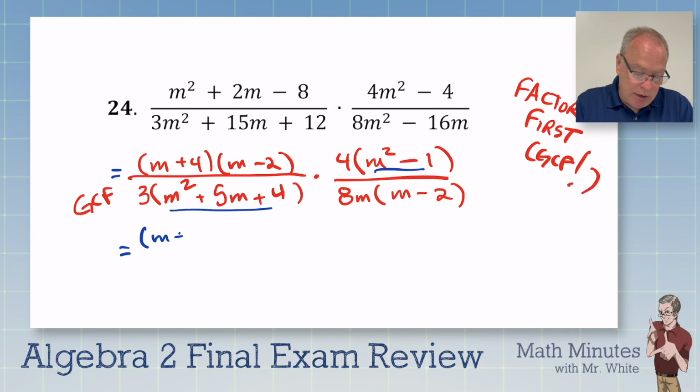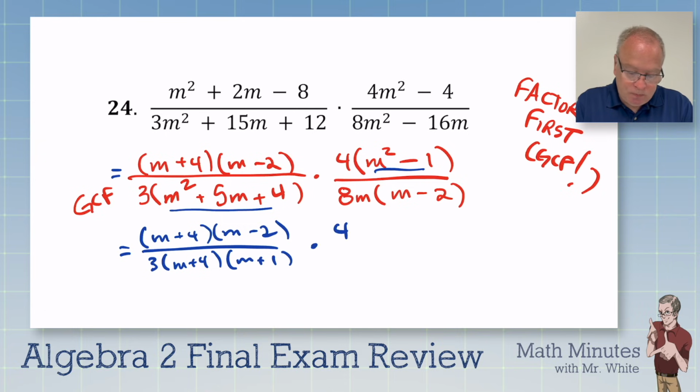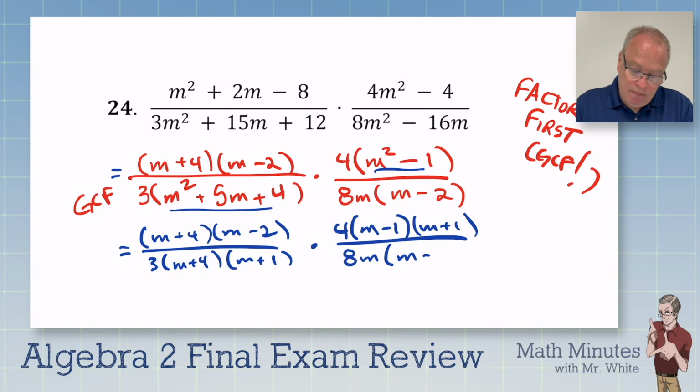Oh, I actually put an x. m plus 4, m minus 2, all over 3 times the quantity, m plus 4, m plus 1, times 4, m minus 1, m plus 1, all over 8m, and then m minus 2.